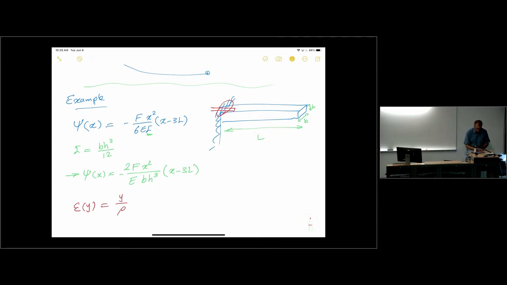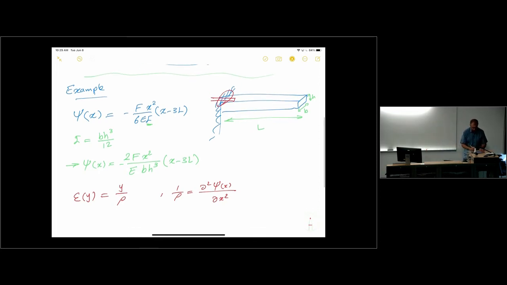And then I remember that 1 over rho was the second derivative of the deflection equation with respect to x. Okay? So this is the information we have from the past. Then what I'm interested in is the stress, or the strain, at the top of the beam.